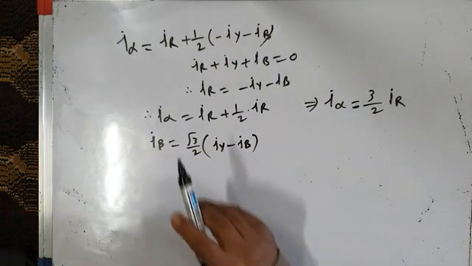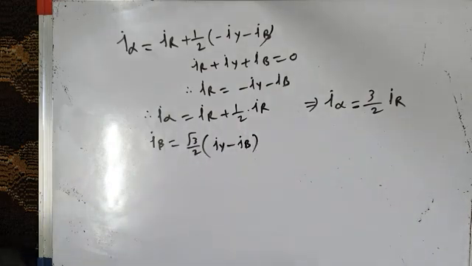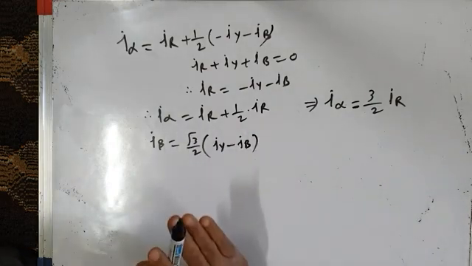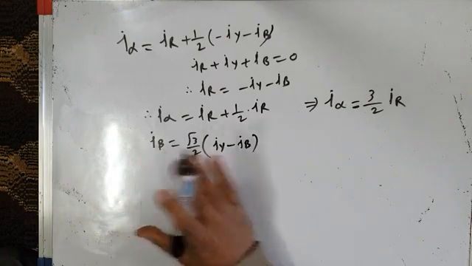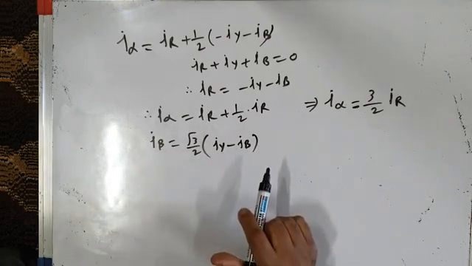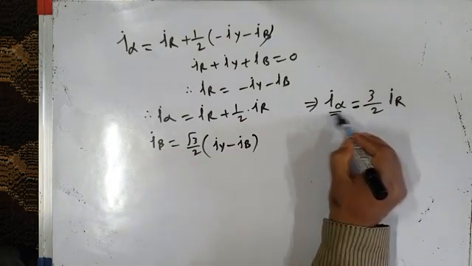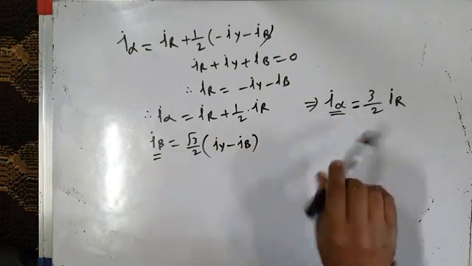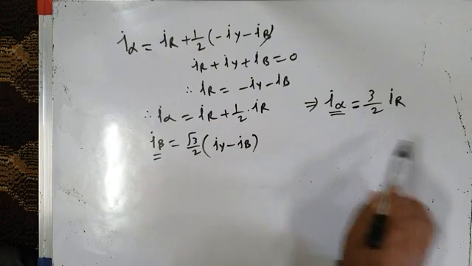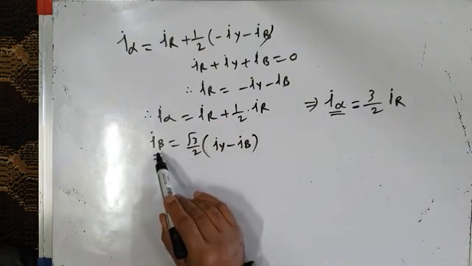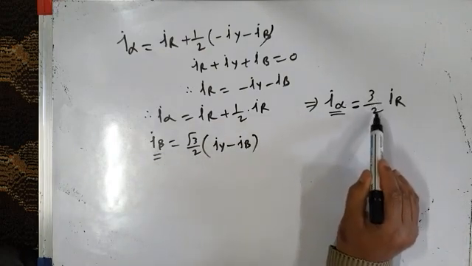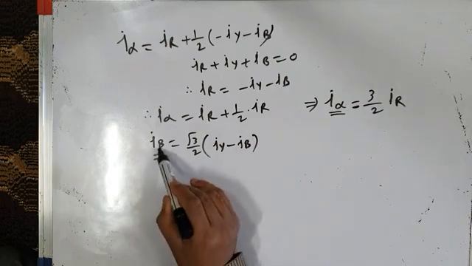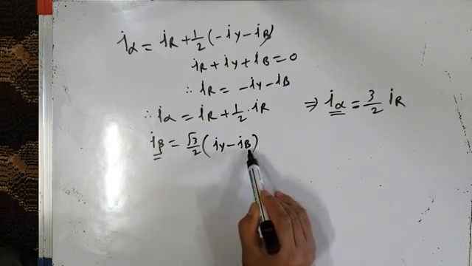When I transform a three-phase stationary reference frame into a two-phase stationary reference frame, I get two currents, one carried by the alpha axis and another by the beta axis. I alpha is given by 3 by 2 IR and I beta is given by root 3 by 2 times Iy minus Ib.